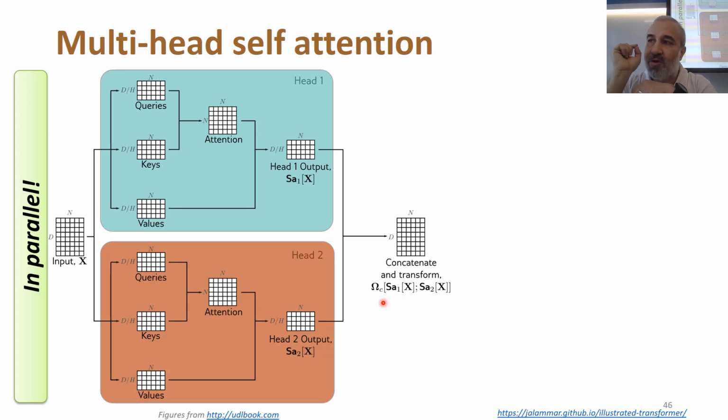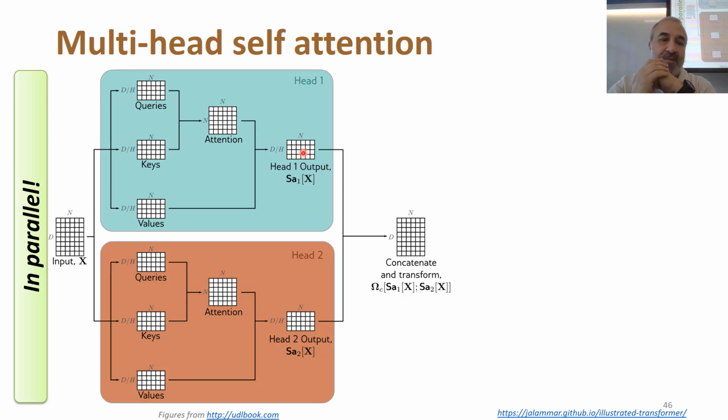Now there's one small detail. Earlier we said that the size of the input matrix is the same as the size of the output matrix, right? That's if we only have one head. But when we have multiple heads, instead of scaling up the size of the output, we make the size of each head divided by the number of heads, so that when we concatenate them, we get back the same size as the input.